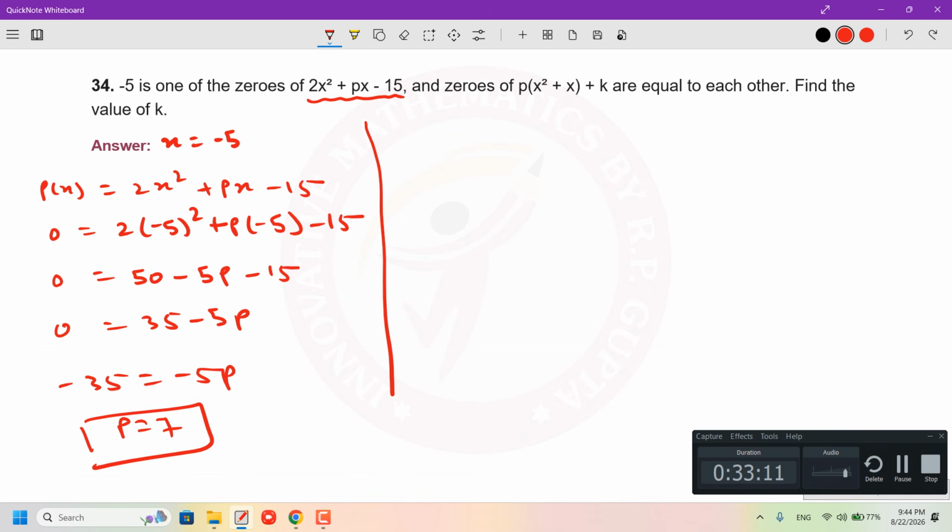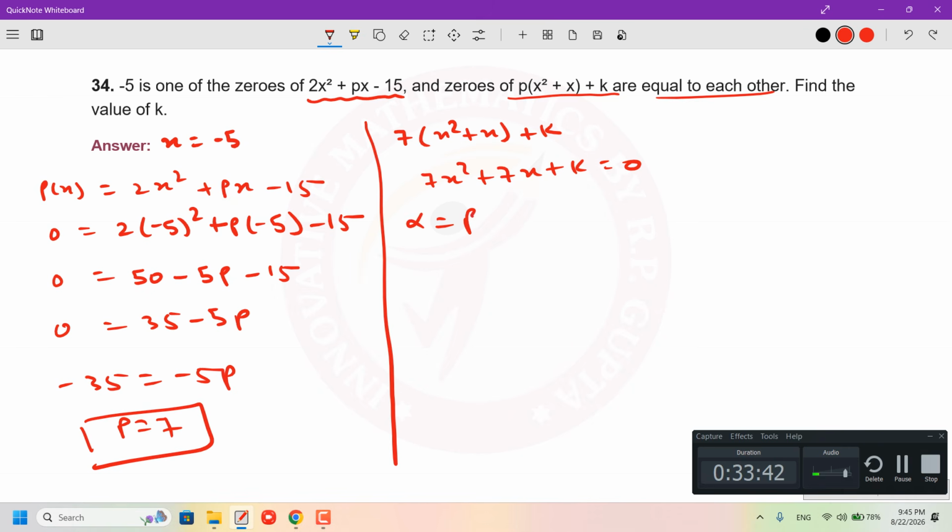Now अब आप यहाँ पुट कर दो. p is 7x square plus x plus k. Okay, so 7x square plus 7x plus k equal to 0. Now कह रहा है कि zeros of this are equal to each other, मतलब alpha equals to beta.